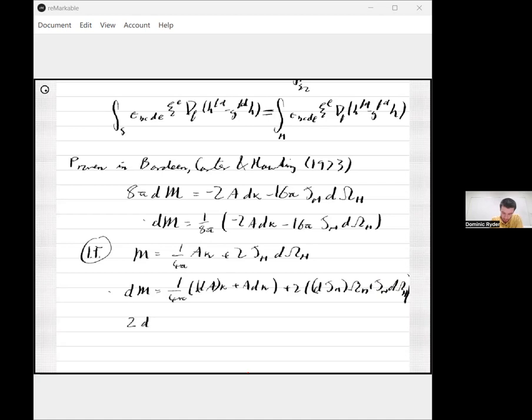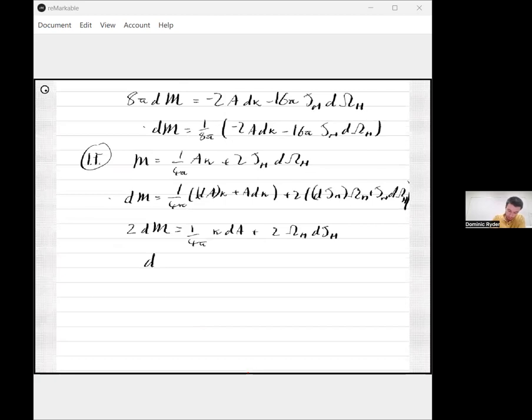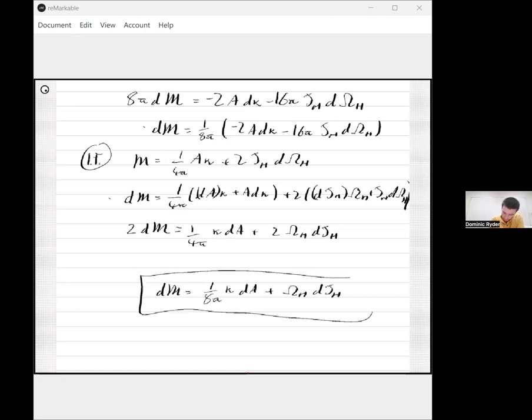And so we have 2 dM equals 1 over 4 pi kappa dA plus 2 omega H d JH, and then just dividing by 2, dM equals 1 over 8 pi kappa dA plus omega H d JH, which is our first law in differential form.